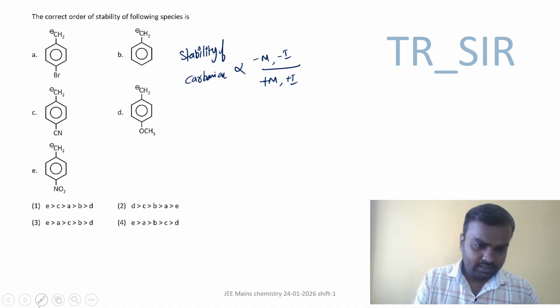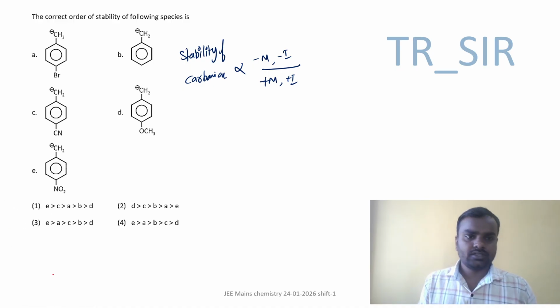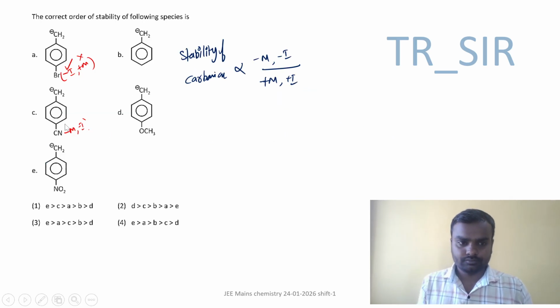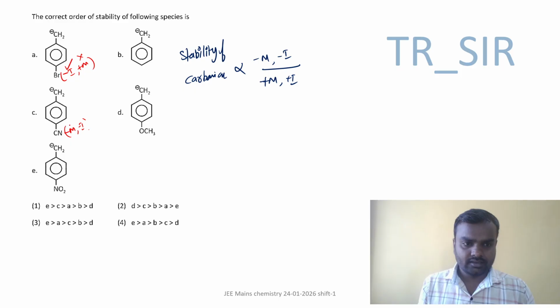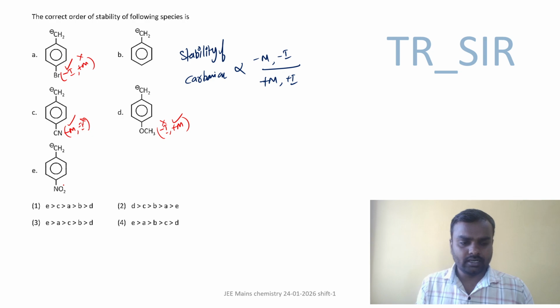Now, if you see the stability of the given compounds, here this is minus I, plus M. In this case, this will dominate compared to this one. Here no effect is there. Here minus M, minus I, so this will be dominating, not this one. Here minus I, plus M; in this case, plus M will be dominating.